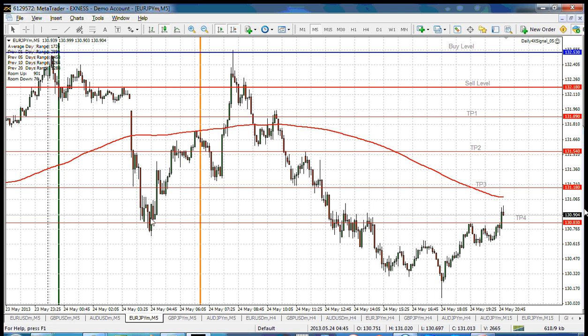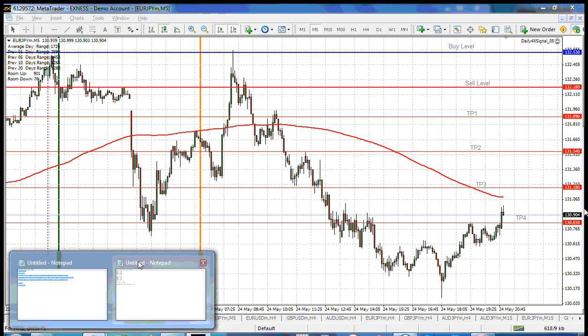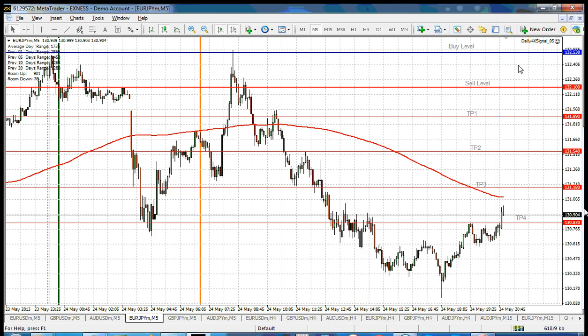I'm just taking a constant view for both the trades, from the Asian session hitting TP4 and in the UK session hitting TP4 again. So for the day we made a total of 132 pips on the Euro JPY pair on the 5-minute time frame using price action, working with my levels that I give.